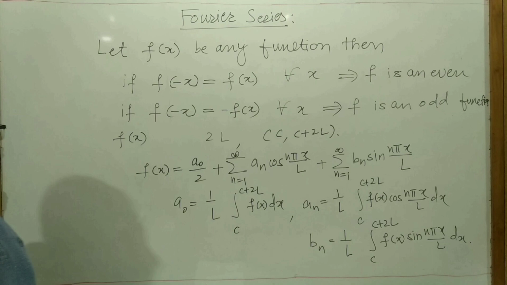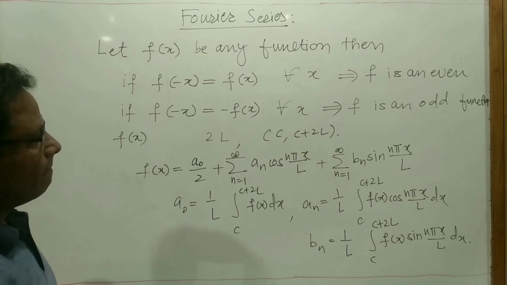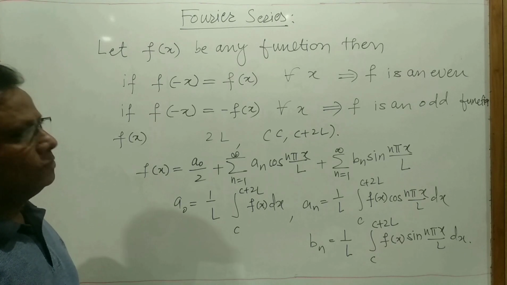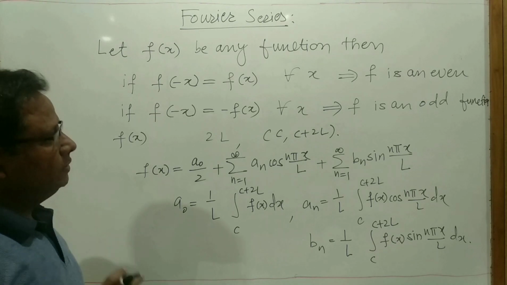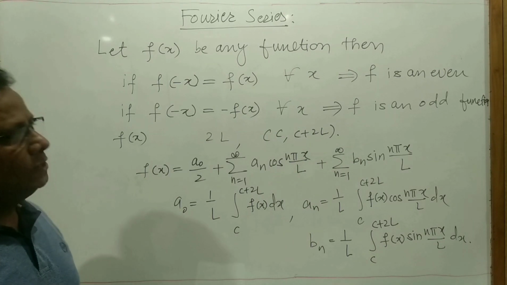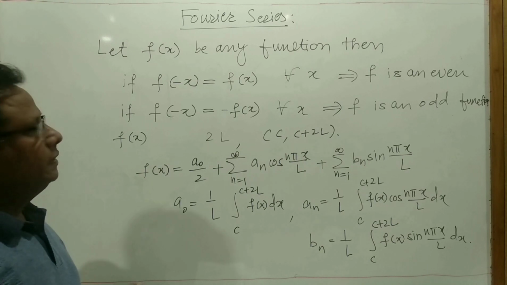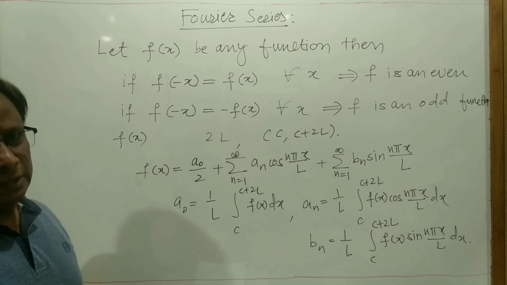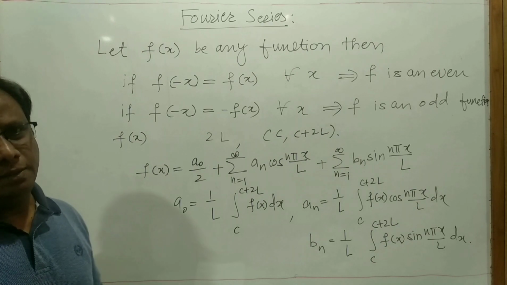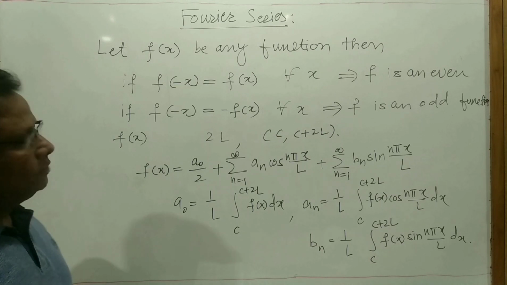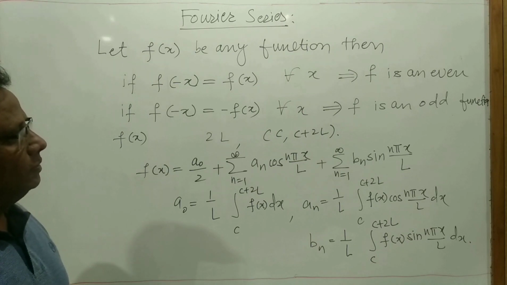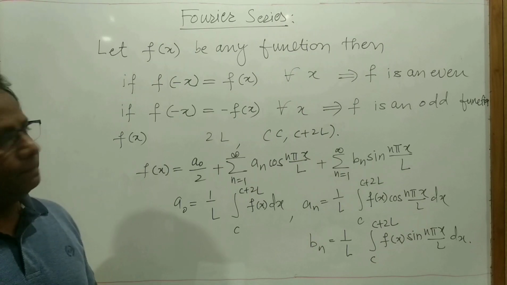Then there we have seen four different cases. The first case, c is 0, so the interval of definition is 0 to 2L. In the second case, c equals minus L, so the interval of definition is minus L to plus L. The next case that we have seen, L equals pi, that is the period of the function is 2 pi, and c equals 0, so the interval is 0 to 2 pi.